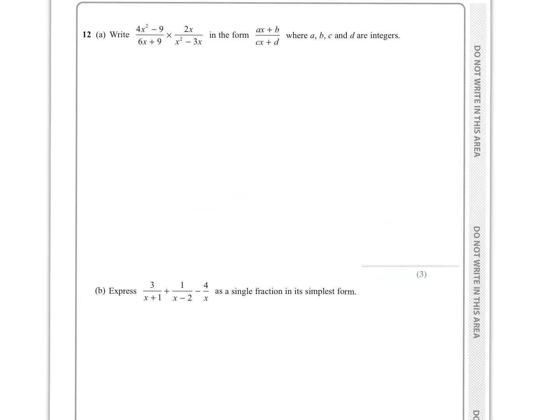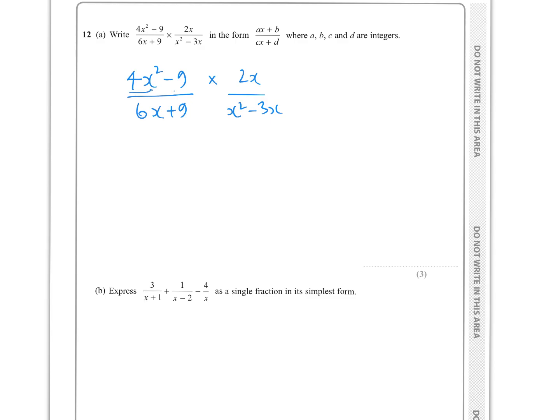Question 12. We've got an expression here, and we have to put it in a certain form. And it wants it in the form ax plus b divided by cx plus d. So I'm going to put some brackets in here.